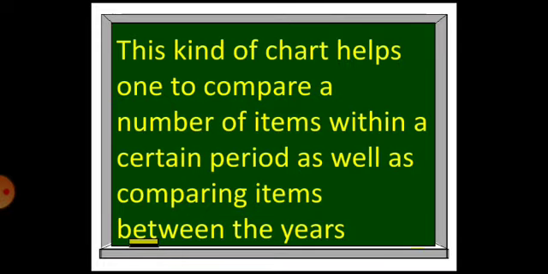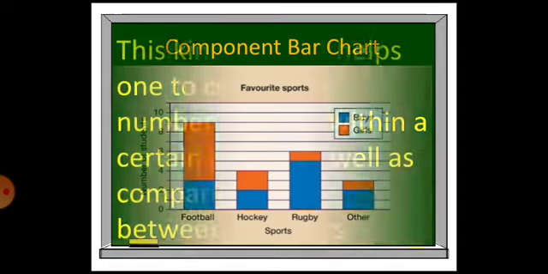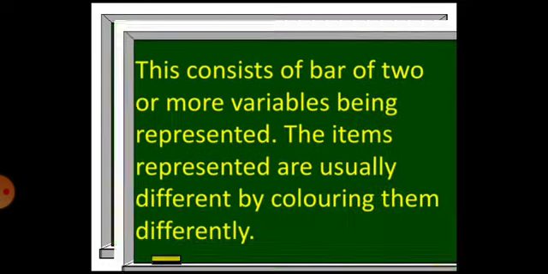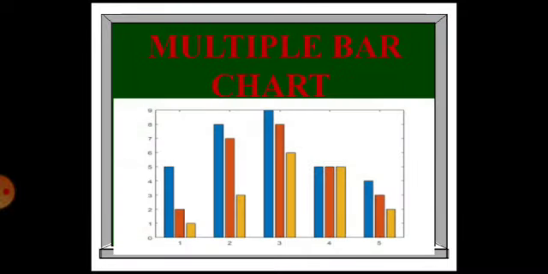Now, in a multiple bar chart, information is represented in different and varied bars, but they are placed side by side each other. Like we can see in the diagram, we have the color blue placed together with red and yellow, representing information.